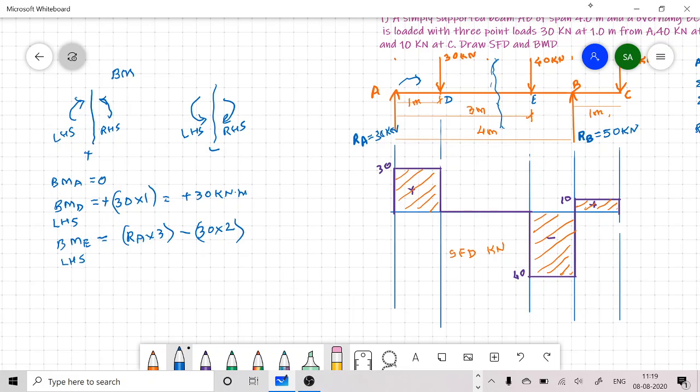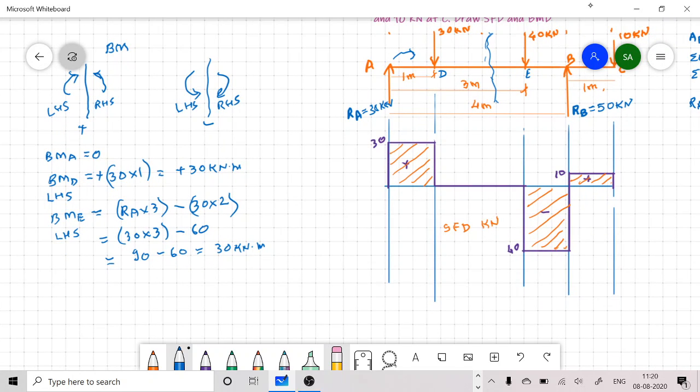Because 30 kilonewton is acting at D, and distance between D and E is 2 meter. So RA is 30, 30 into 3 minus 30 into 2. So 90 minus 60, it is again 30 kilonewton meter. So bending moment at E also 30 kilonewton meter, positive of course.